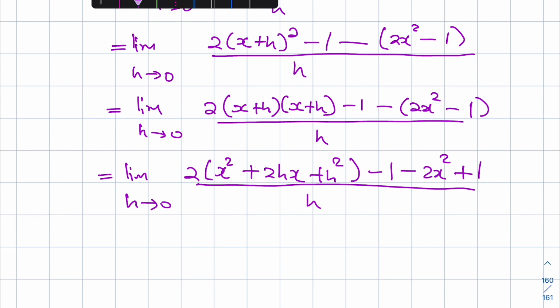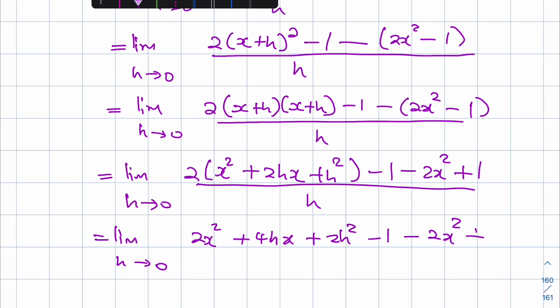Then you just multiply by the 2, so you'll have the limit as h approaches 0 of 2x squared plus 4hx plus 2h squared minus 1 minus 2x squared plus 1, all over h.